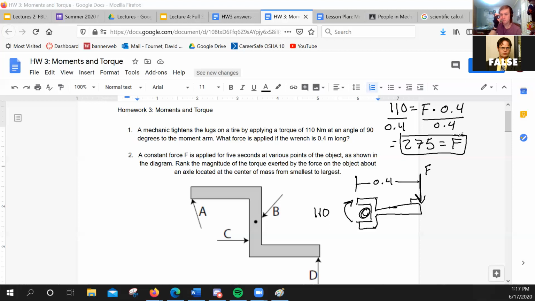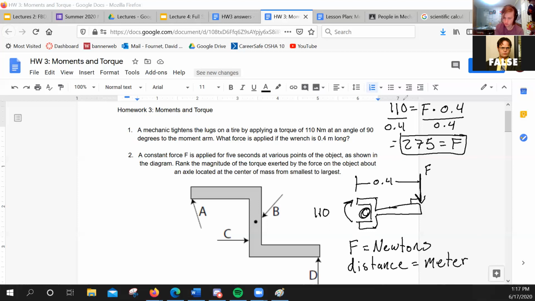And would it be Newton meters? So force is in newtons. Distance is in meters.